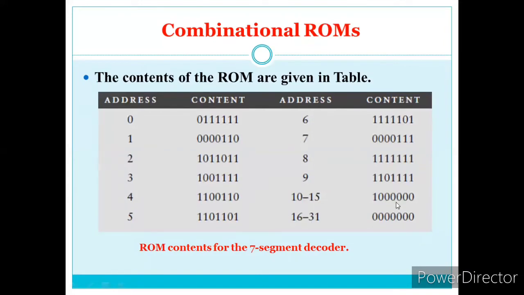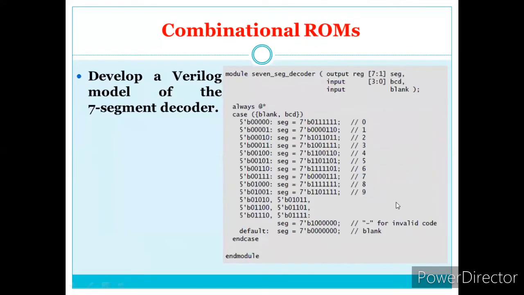Now for this we need to write the program, and we have already written a 7-segment decoder program. It has 7 down to 1 for the segments, 3 down to 0 for BCD, and 1 for blank. Since blank and BCD are the sensing signals, all 5 configurations are covered: 0 to 9 in tabular format, 0 has G as 0, 1 has BC as 1, like this.